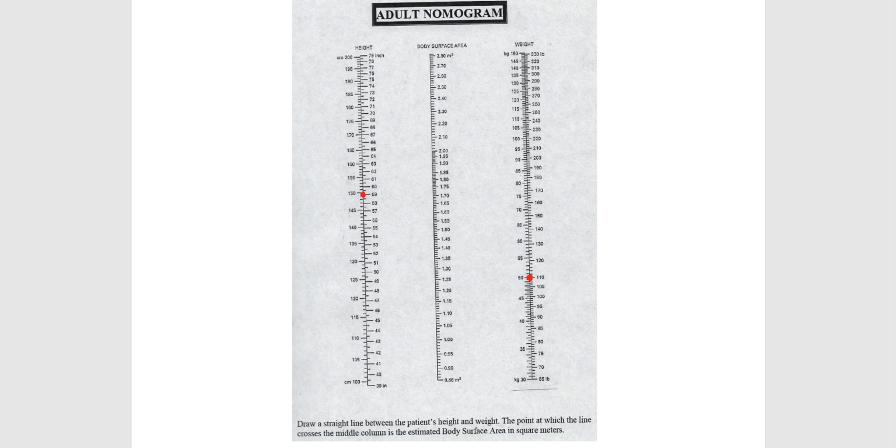To estimate the body surface area, you draw a straight line between those 2 points. And wherever it intersects on the middle column for body surface area, which would be right here, about 1.5, that would be the estimated body surface area. So it would be an estimated 1.5 meters squared for this example.